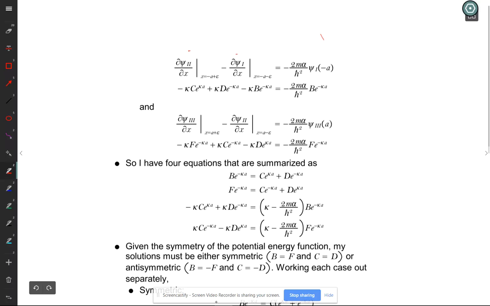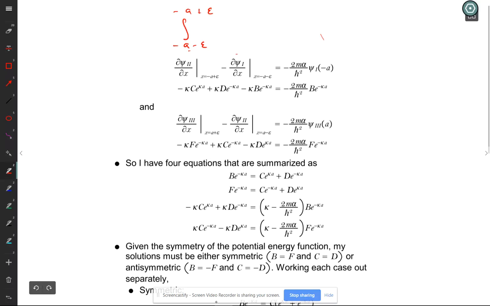And notice this is going from a plus epsilon to, minus a plus epsilon to minus, I still said it backward. Integral from minus a minus epsilon to minus a plus epsilon is what we were doing at the first boundary because the first boundary was at minus a.